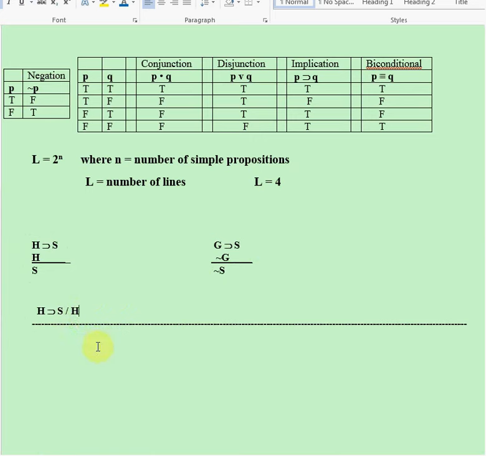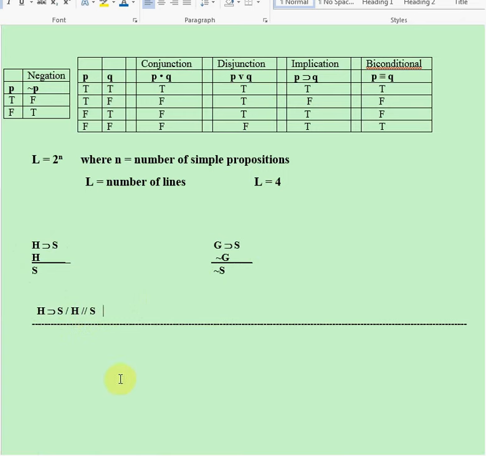Okay, so we now separate those two premises from the conclusion, which remember is just S, by a double forward slash. So here we have the whole argument, except it's expressed differently. We have if H then S, H therefore S. We have the one forward slash separating the premises from each other, and then we have the double forward slash separating the conclusion from the premises.